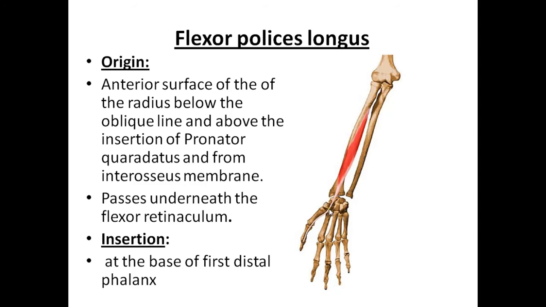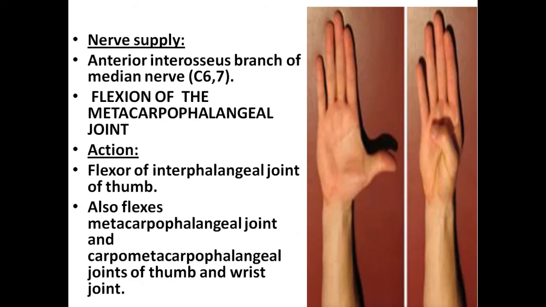It passes underneath the flexor retinaculum, and because it is the longest tendon, it attaches to the base of the distal phalanx of the first finger or the thumb. It is supplied by the median nerve, the anterior interosseous branch of the median nerve.